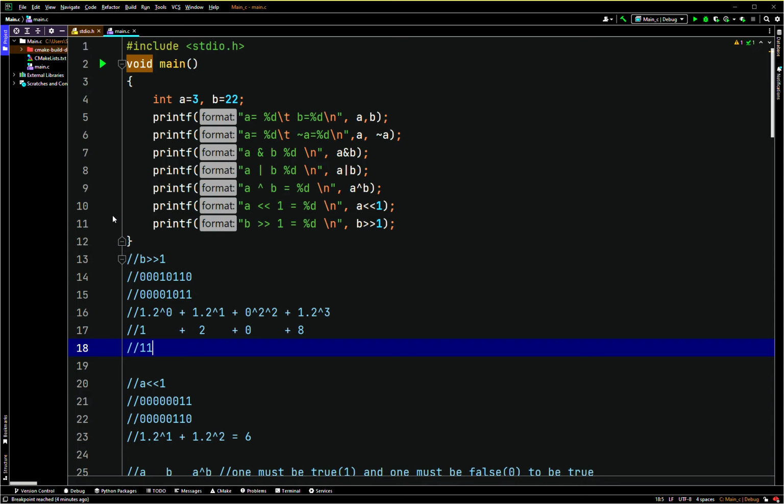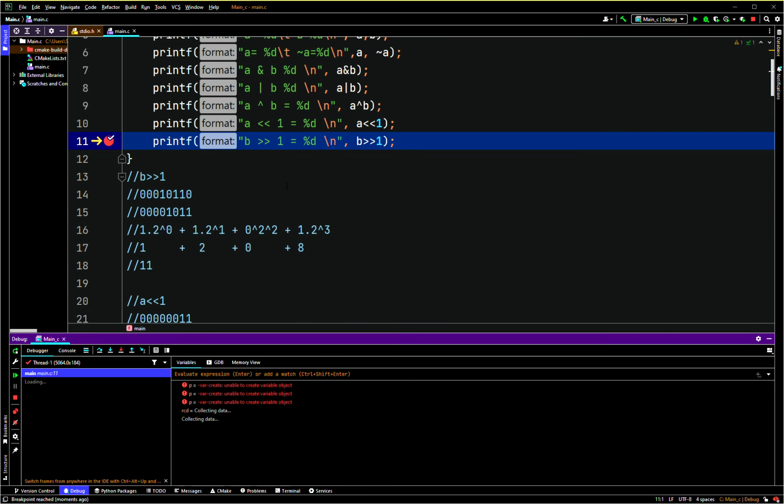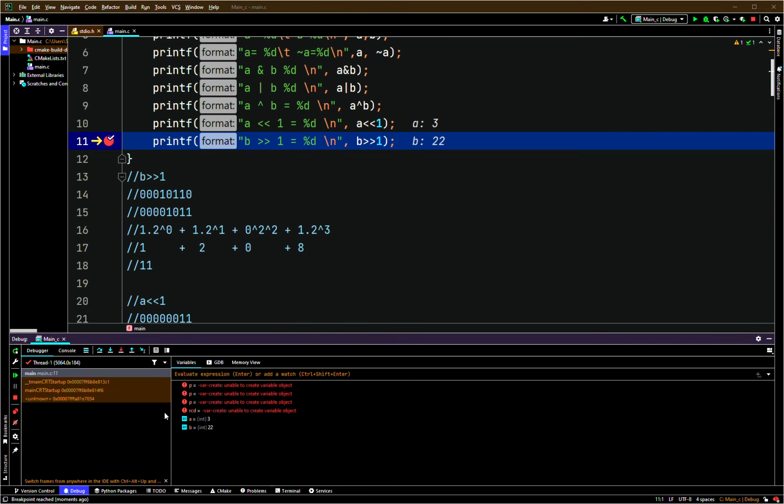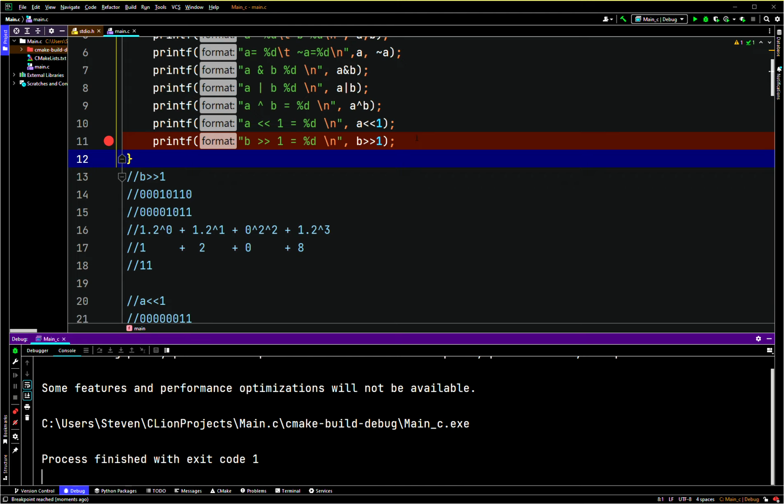So we'll just check that here. And the answer is 11. So great job, guys. So we'll just do the last one. So it's going to be a left shift 2. So we'll just take this here, code reuse again.